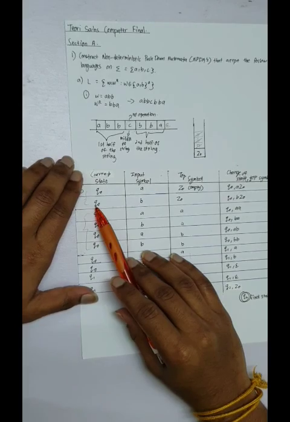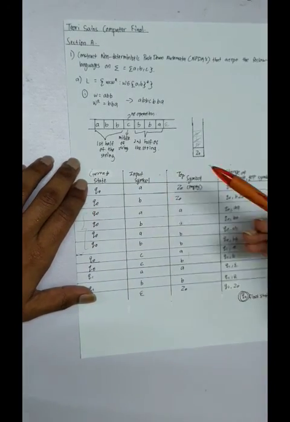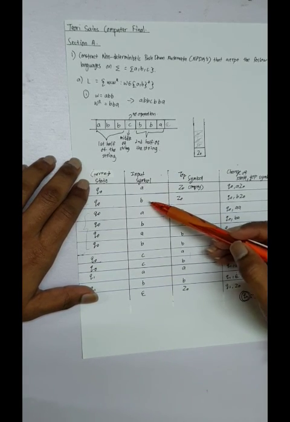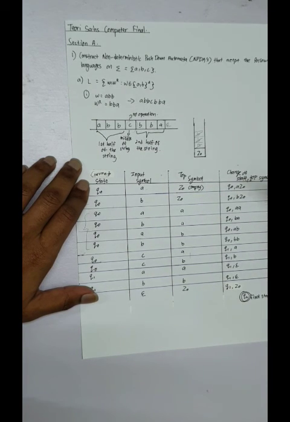The next state remains the same. When it scans symbol a or symbol b, the topmost symbol must be Z0 for the beginning of the scanning. So it pushes a onto Z0, it pushes b onto Z0, and this is the state.